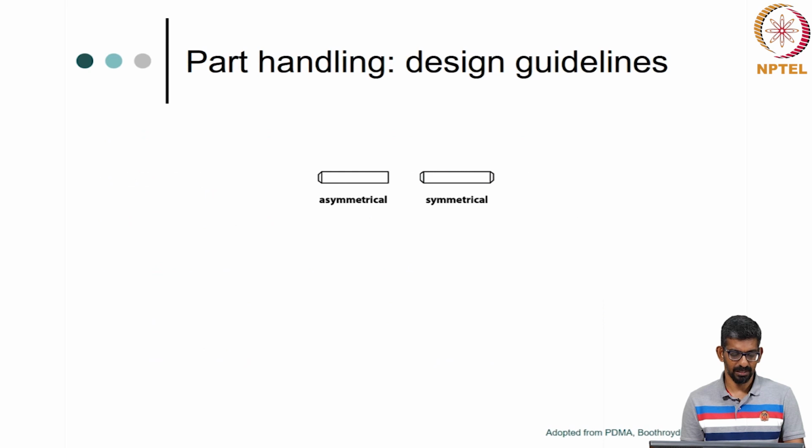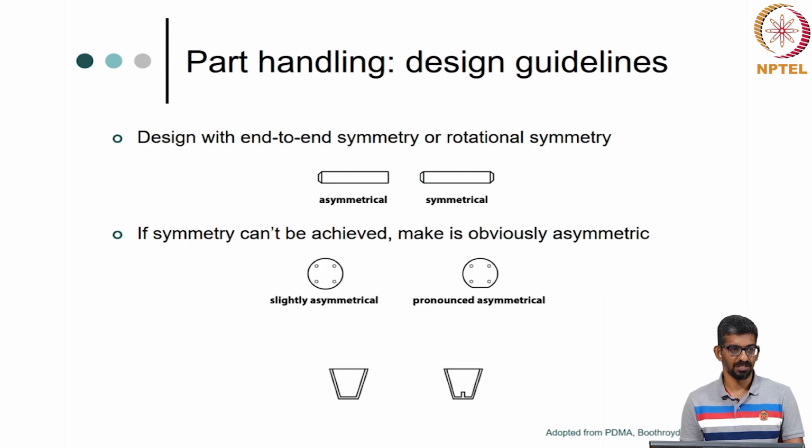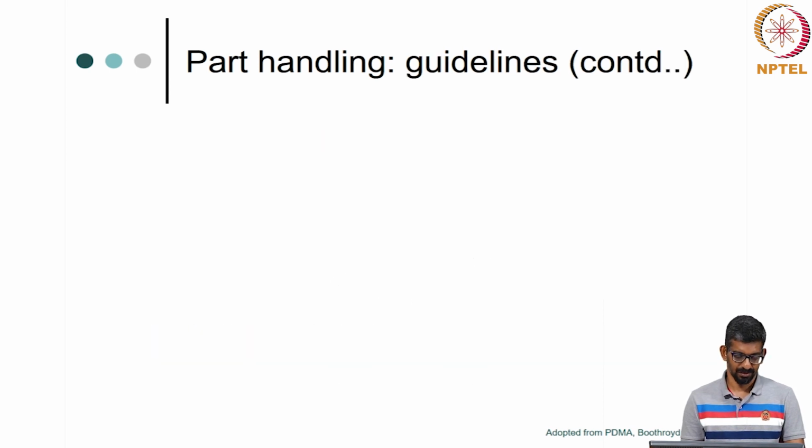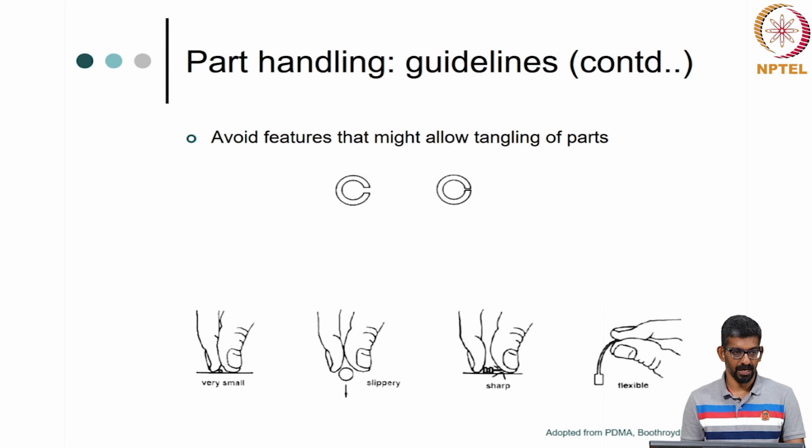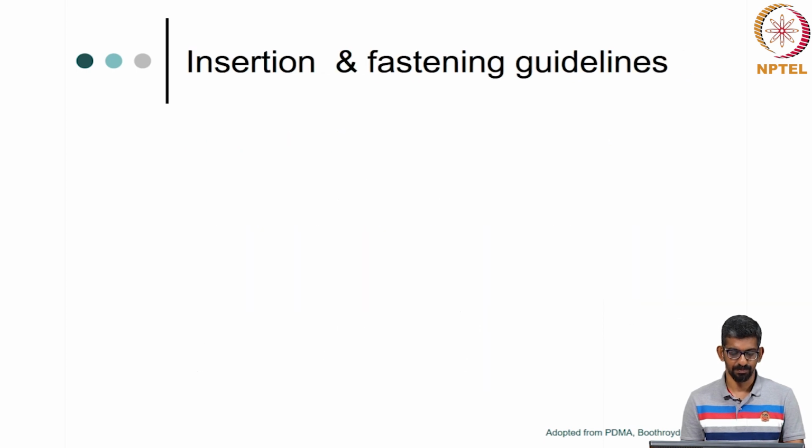So, from a part handling perspective, these are the things that we discussed yesterday: symmetric, non-symmetric. If you cannot make it symmetric, make it pronounced, okay, extra asymmetric, and prevent jamming, okay. Tangling, avoid very small designs, flexible designs, sharp designs, slippery designs.